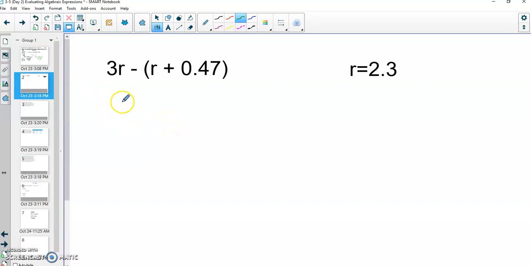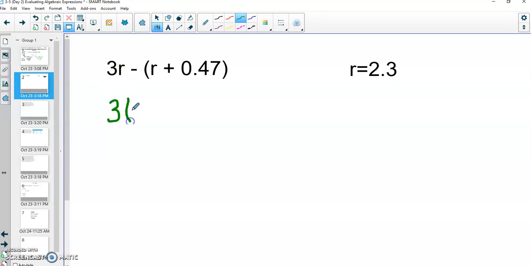On this problem, we have 3r minus the quantity of r plus 47 hundredths. And we need to substitute if r equals 2 3/10. So let's go ahead and rewrite it with those in there. So we have 3, and we know when a number is just put together with a variable like that, it is multiplication.